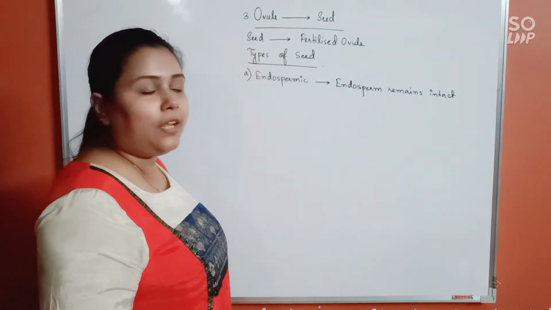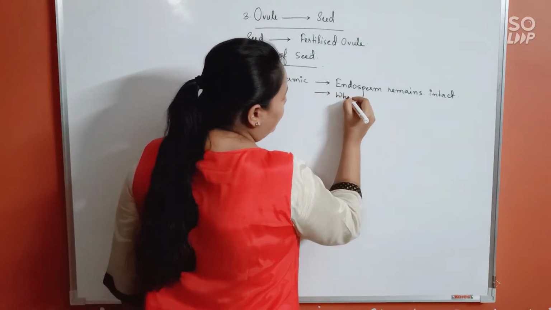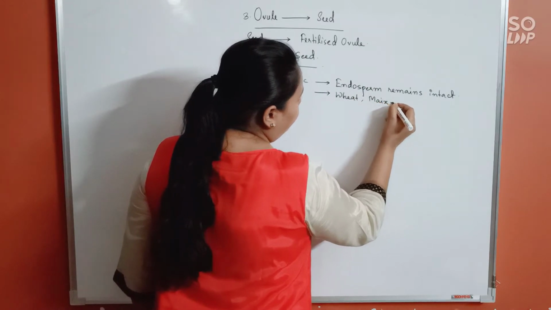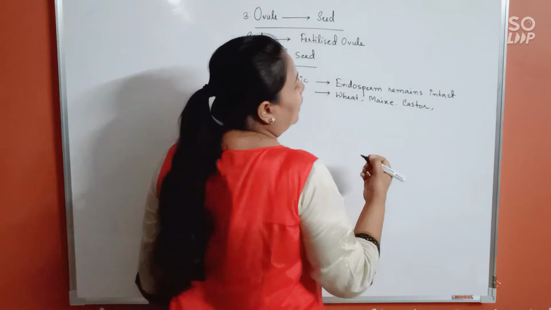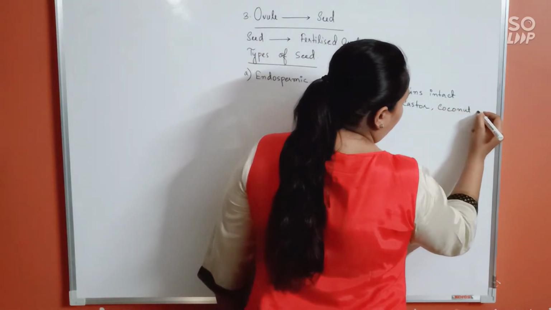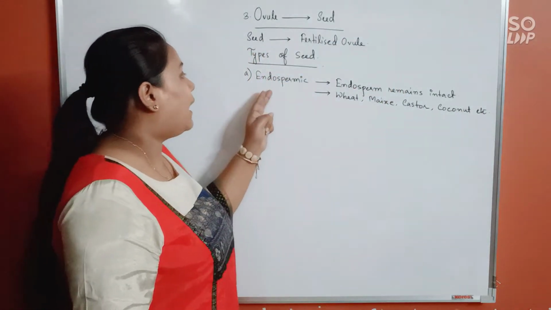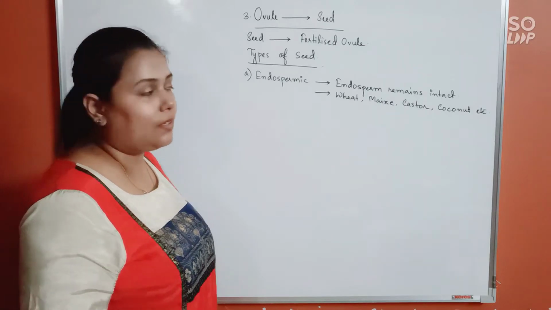Now, this is mostly found in monocots like wheat, maize, castor, which is an exception, then coconut, etc. You already know the endospermic seeds are also known as albuminous seeds.